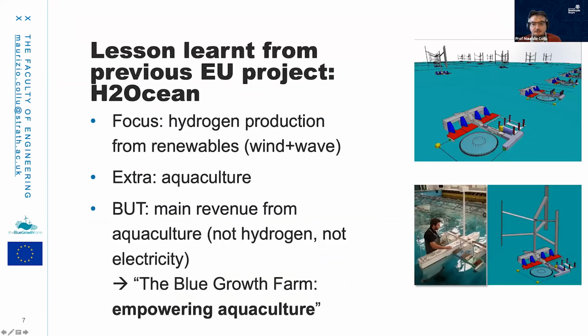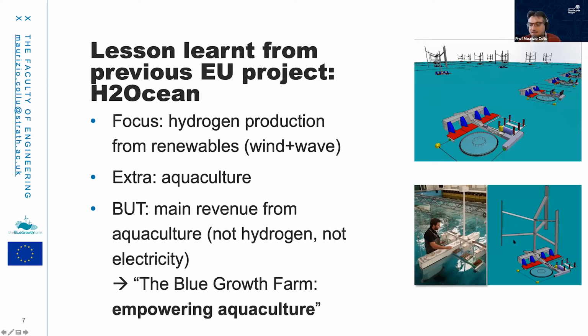So there is actually a precursor to this project. It's called H2 Ocean. It was another European project, an FP7 project, where the aim was slightly different. It was a farm of hybrid wind and wave energy devices, as you can see on the bottom right here.